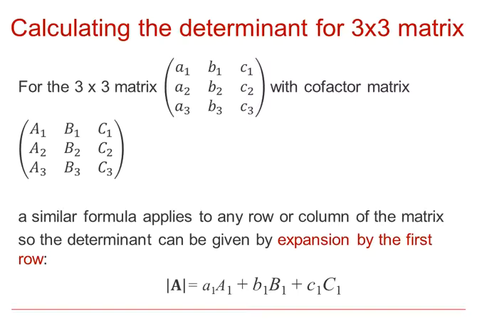In other words, the determinant can be given by expansion of any row or column. An example here, expansion by the first row, in which case we would write det A equals a1 A1 plus b1 B1 plus c1 C1.